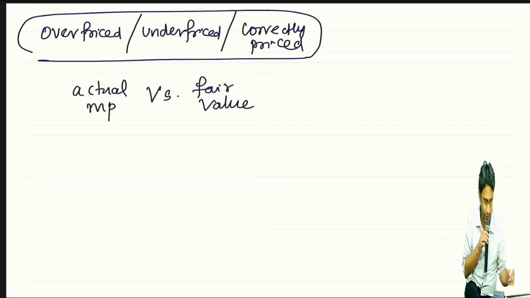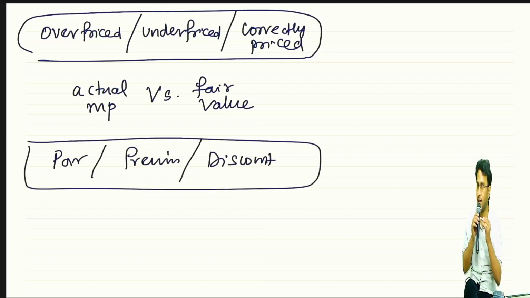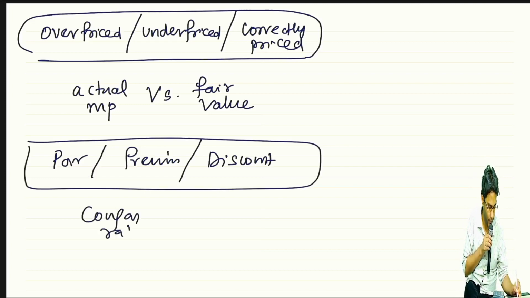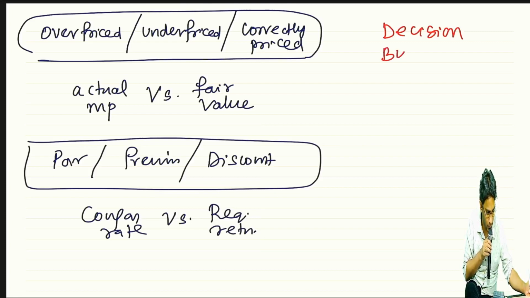Whereas whether the bond is trading at par, premium or discount, this observation is done by comparing the coupon rate versus the required return. Here we are making a decision whether to buy, not buy, or sell. Here we are not making any decision.